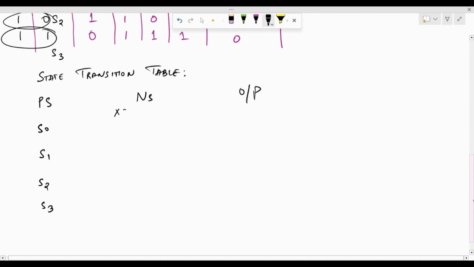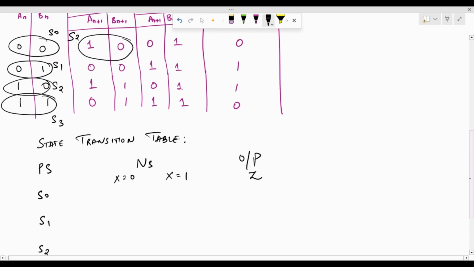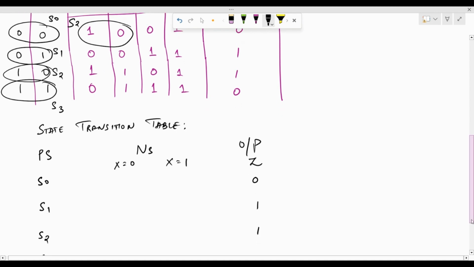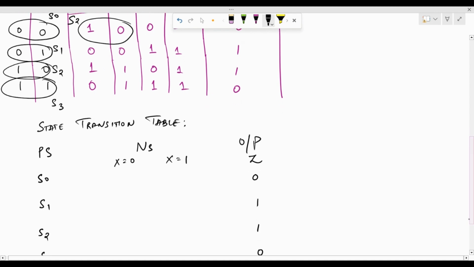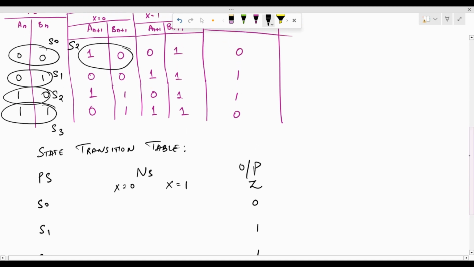Next state for x is equal to 0 and x is equal to 1, and z is the output. So z will still be the same, it will be 0, 1, 1, and 0 again. Whereas here we need to fill up the next state based on the binary values over here.